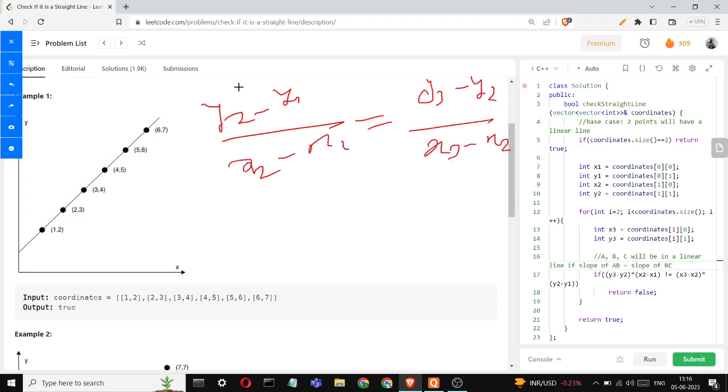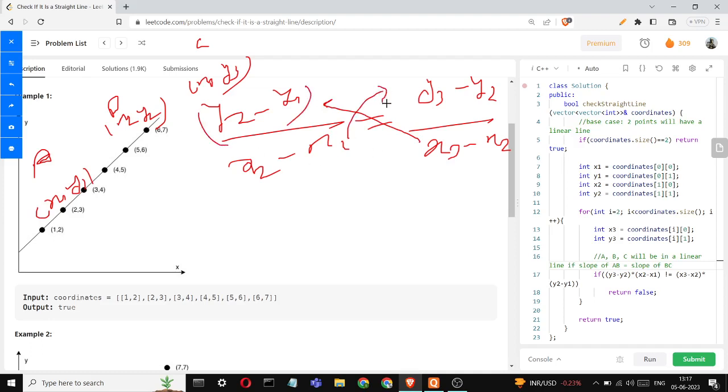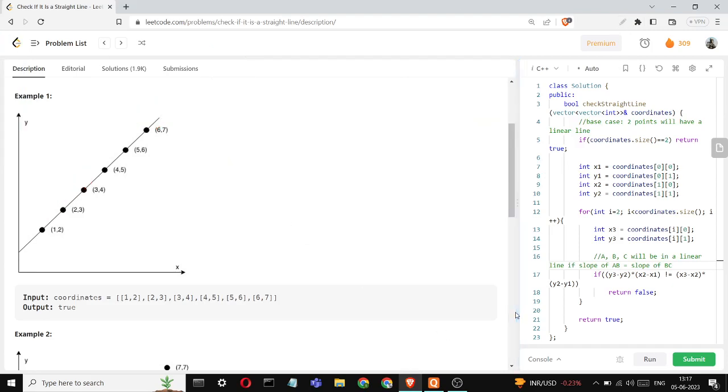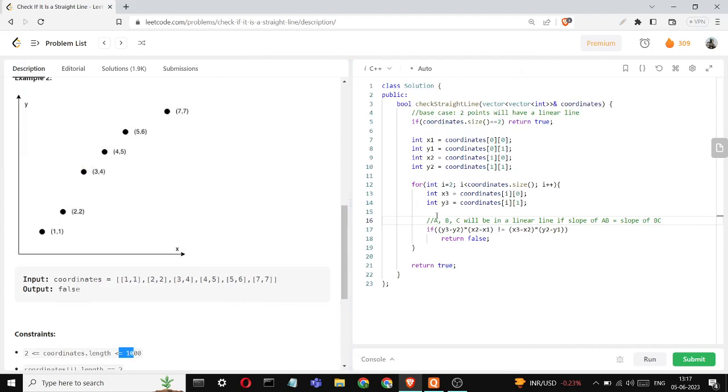This is applicable when we have 3 points: x1 y1, x2 y2, and x3 y3, considered as a, b, and c. This will be converted by cross multiplication: y3 minus y2 into x2 minus x1, equals x3 minus x2 into y2 minus y1.